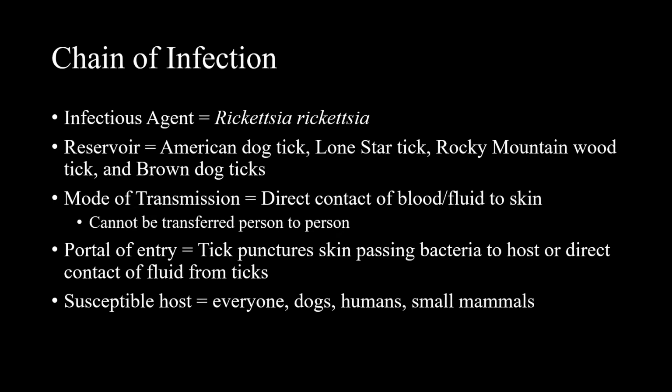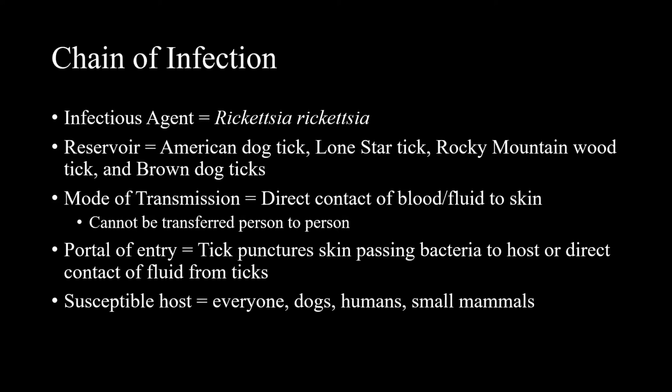A little about the chain of infection here. Again, that infectious agent is R. rickettsii. The reservoirs, like I said, for the Midwest are going to be that American dog tick and the Lone Star tick. But in the more western areas, you can also get it from Rocky Mountain wood ticks and brown dog ticks.